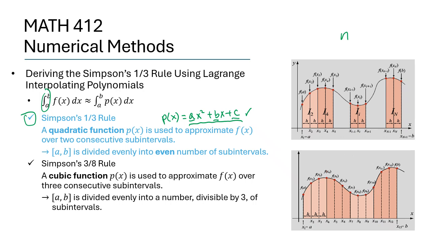Because we will use 2 consecutive subintervals, and they will contain 3 points, say x1, x2, x3. You have x1, y1, x2, y2, x3, y3. We use 3 points to determine A, B, C. So that's the idea of Simpson's one-third rule. We use 2 consecutive subintervals to set up a quadratic function.